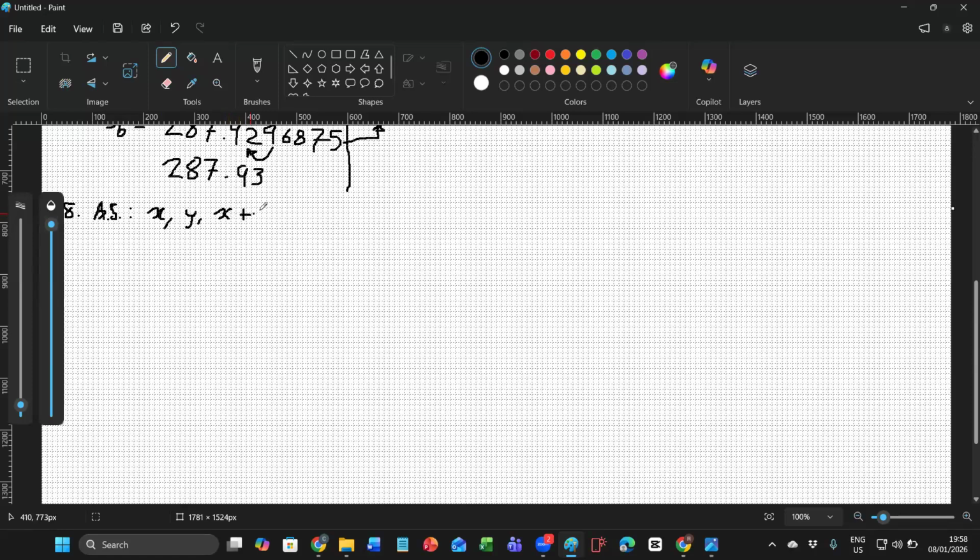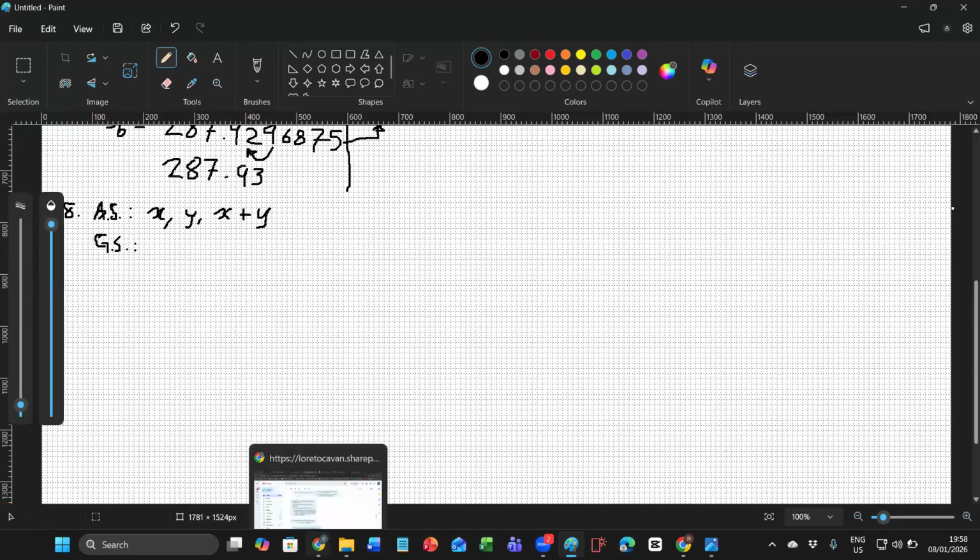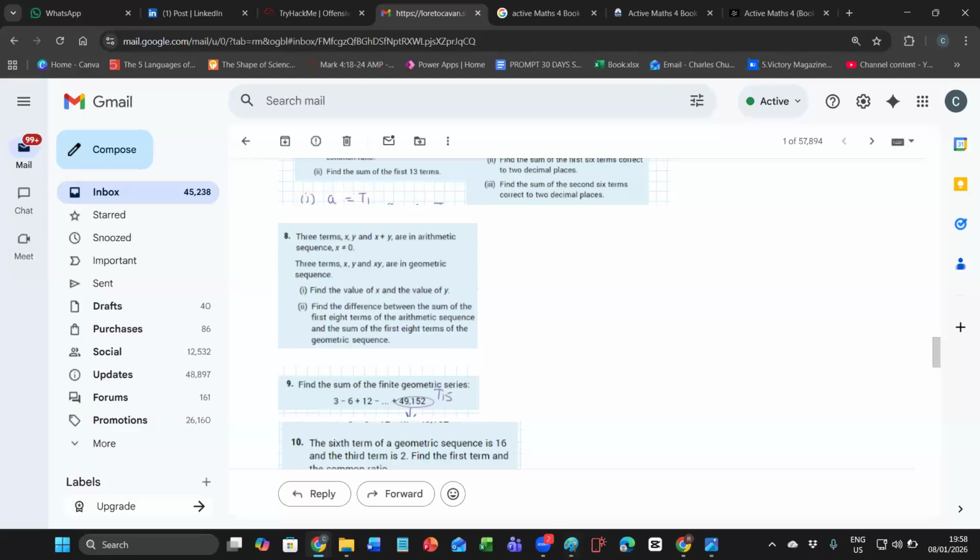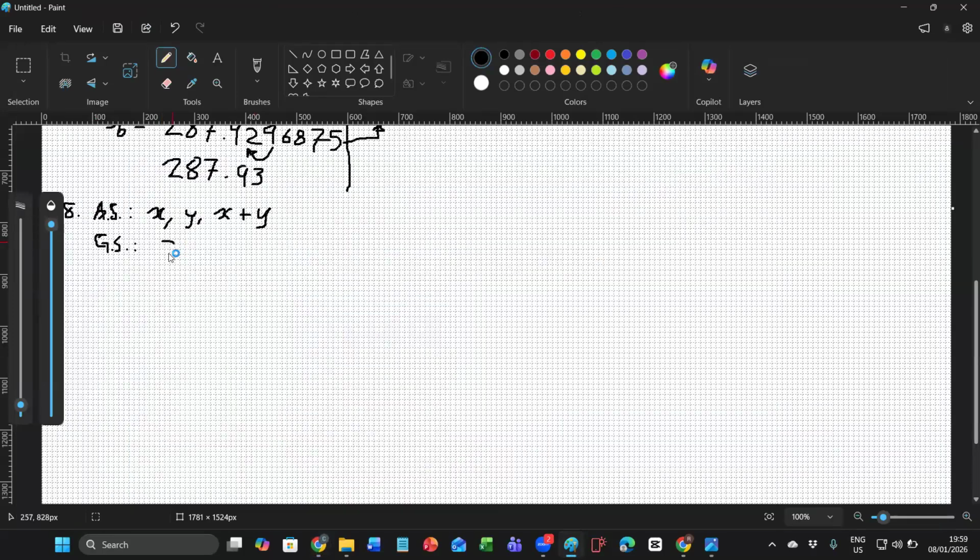Now if these are in arithmetic sequence, we'll come to some conclusions, but let me write the other one. The geometric sequence is on x, y, and xy.